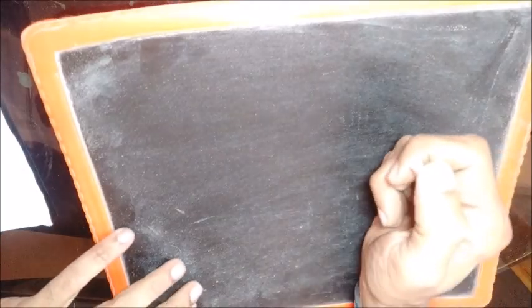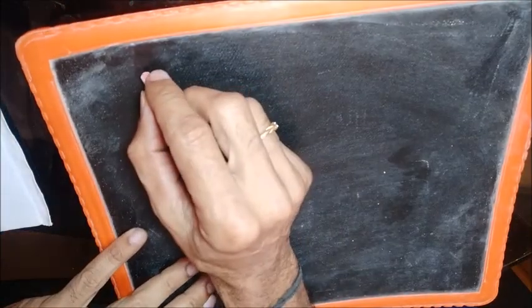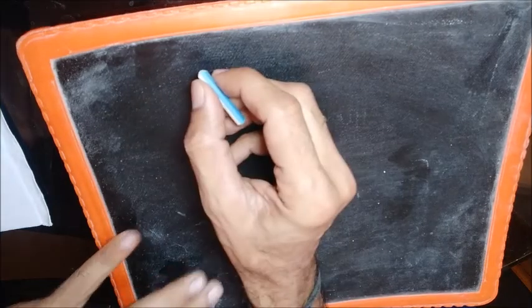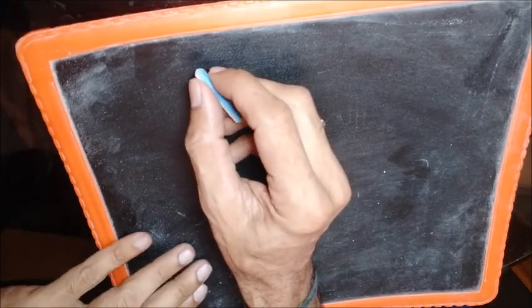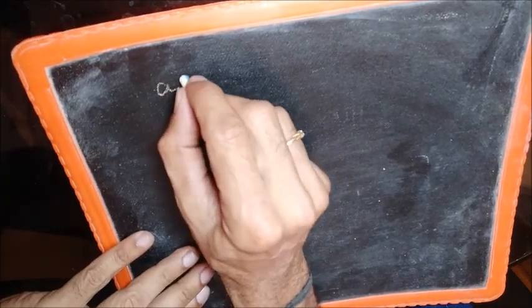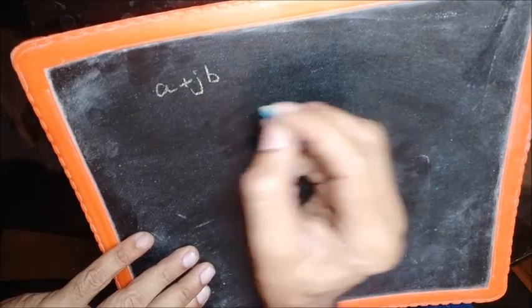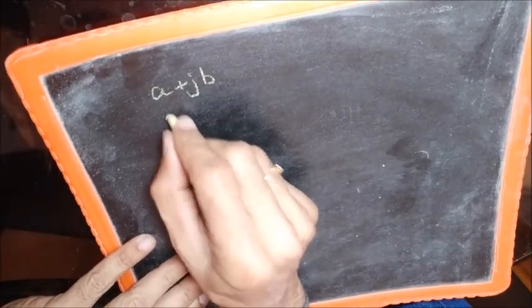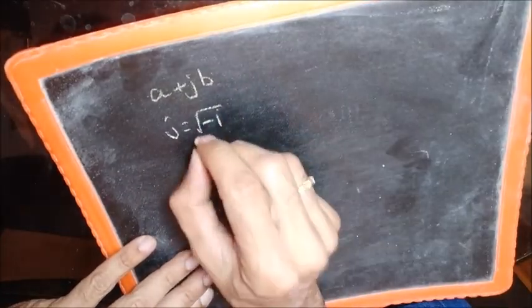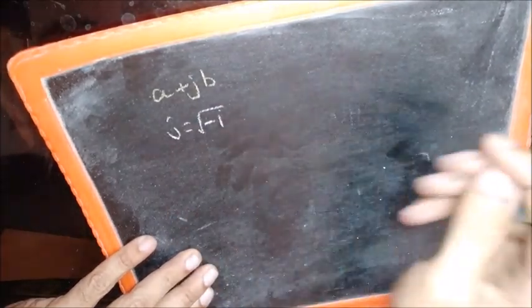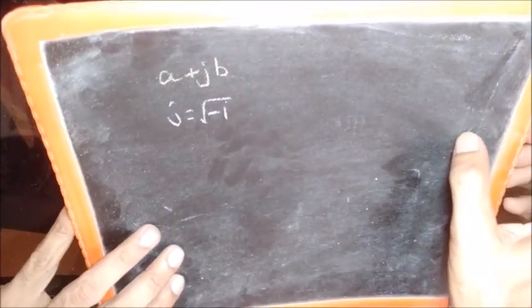Okay, let the complex number of which we have to find the square root be a plus jb, where j is square root of -1 and a and b are real numbers.